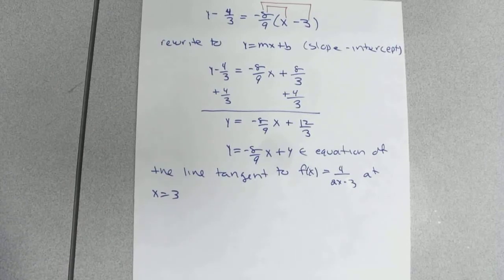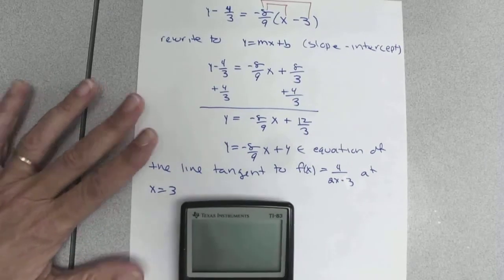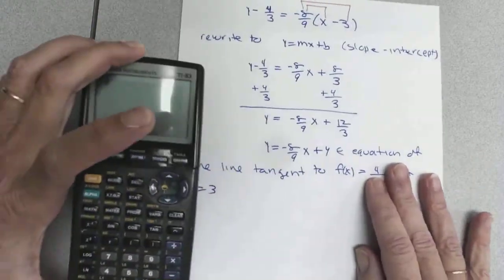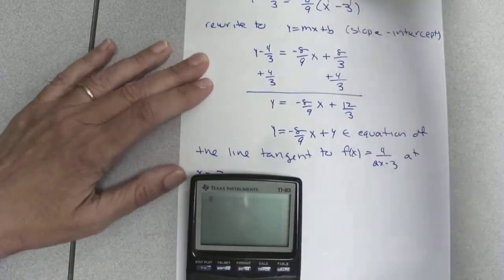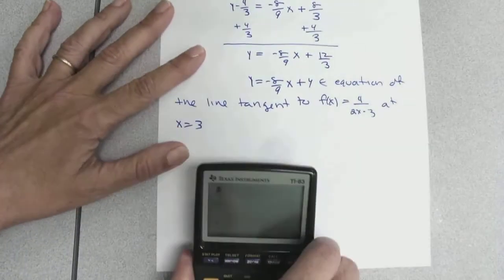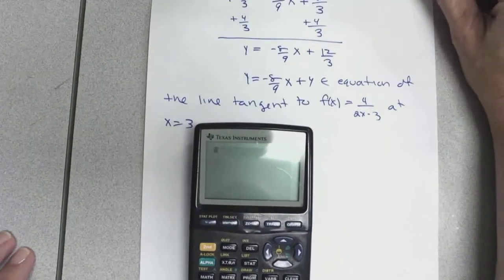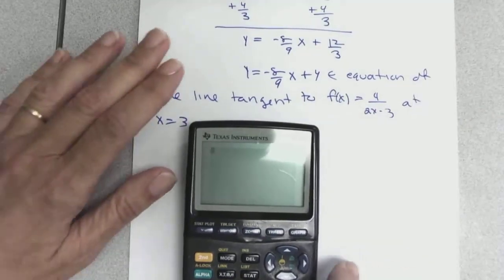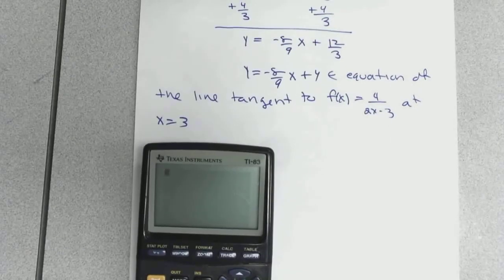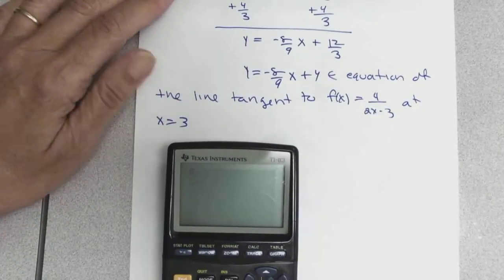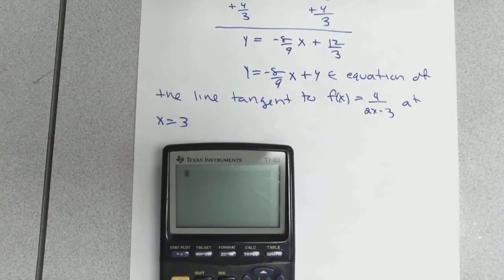So what I'm going to do here is, let's see if I can get it all on one thing here. Zoom in a little bit. And focus. There, I think we can probably see that. I'm going to graph my original function, and I'm going to graph my tangent line and see what things look like.